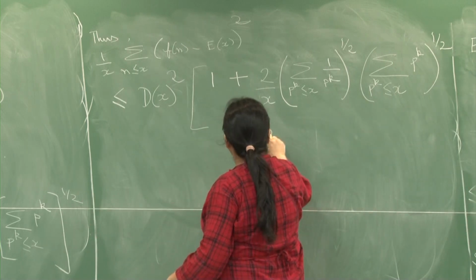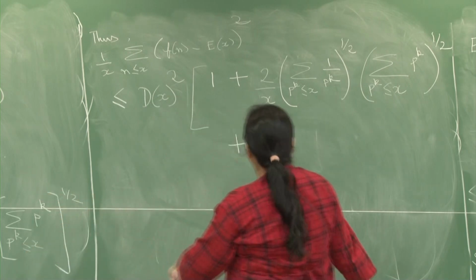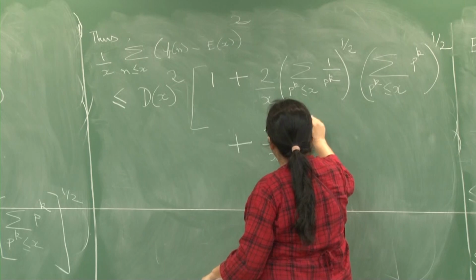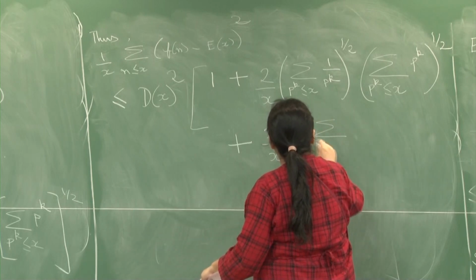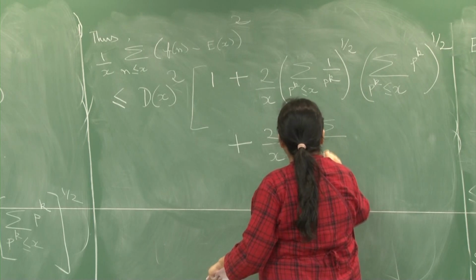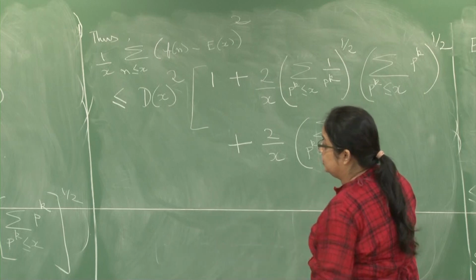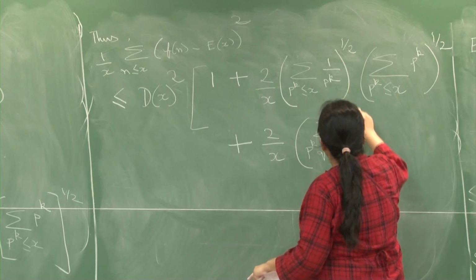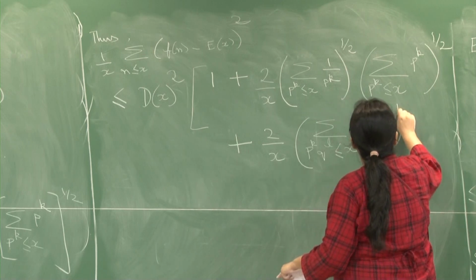finally you are left with 2 by x, d of x whole square has gone out, and you are just left with all the p's and q's, so that p to the k q to the l is less than or equal to x, of p to the k q to the l raised to the half.